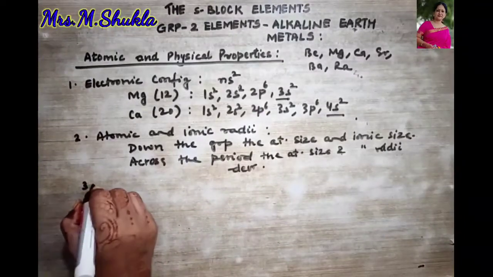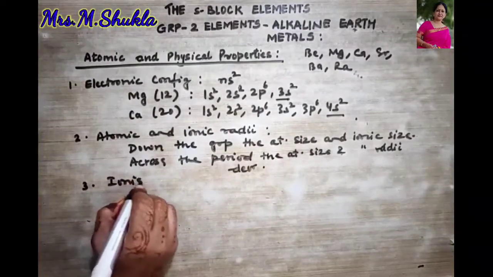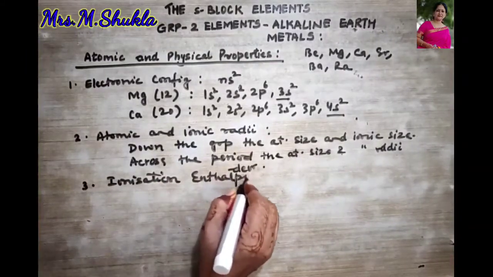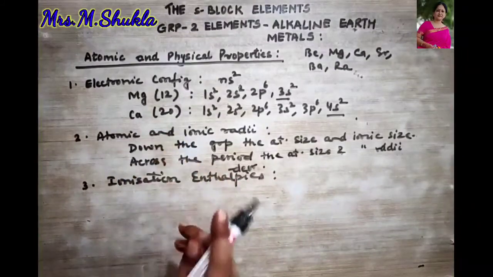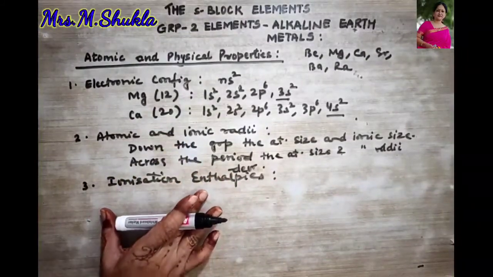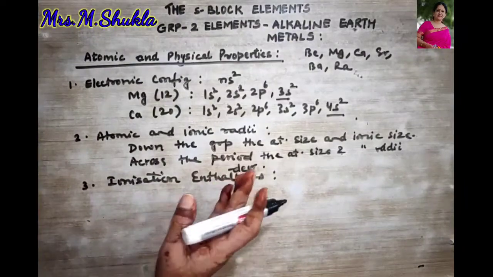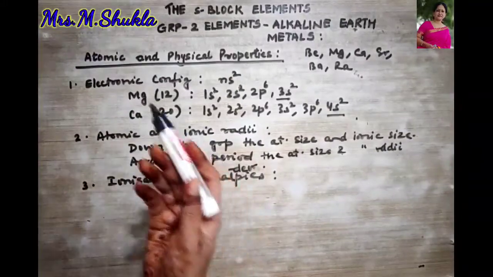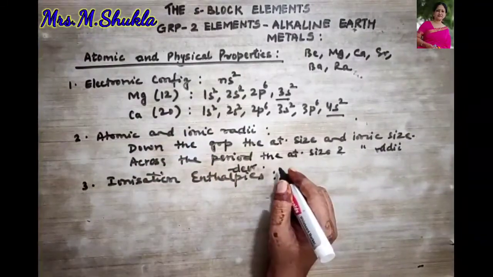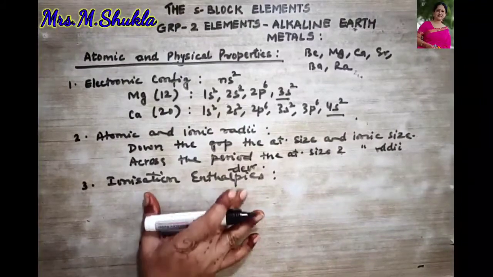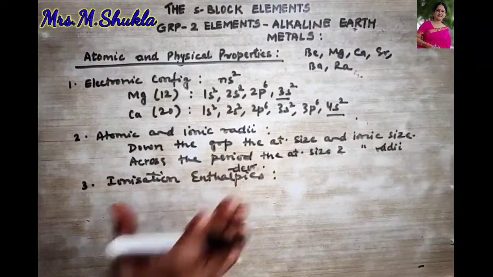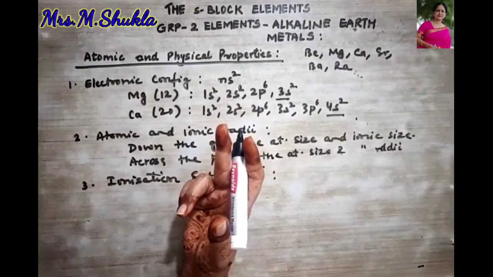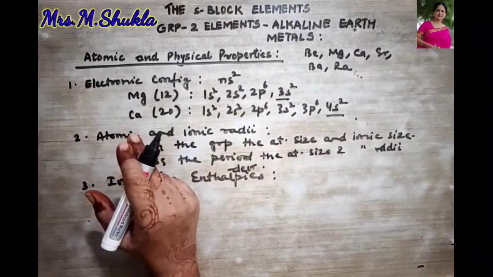Then third point, let's talk about the ionization enthalpies. Now why am I going a little fast? Because we have already studied all these physical properties, and I have explained everything in detail for group 1 elements. So now for group 2 elements, it becomes very simple and we can go a little faster. So what do we know about the ionization enthalpy? The first ionization enthalpy of the alkaline earth metals is always higher than that of the alkali metals of group 1.